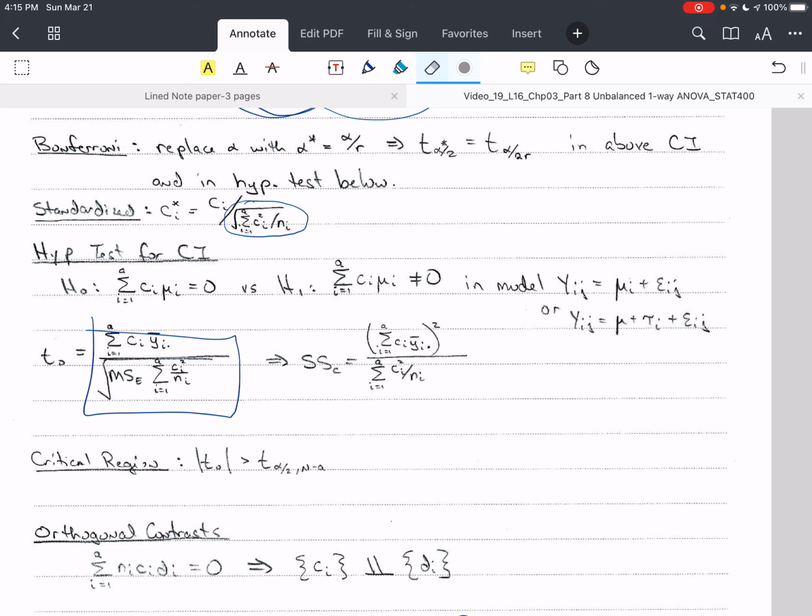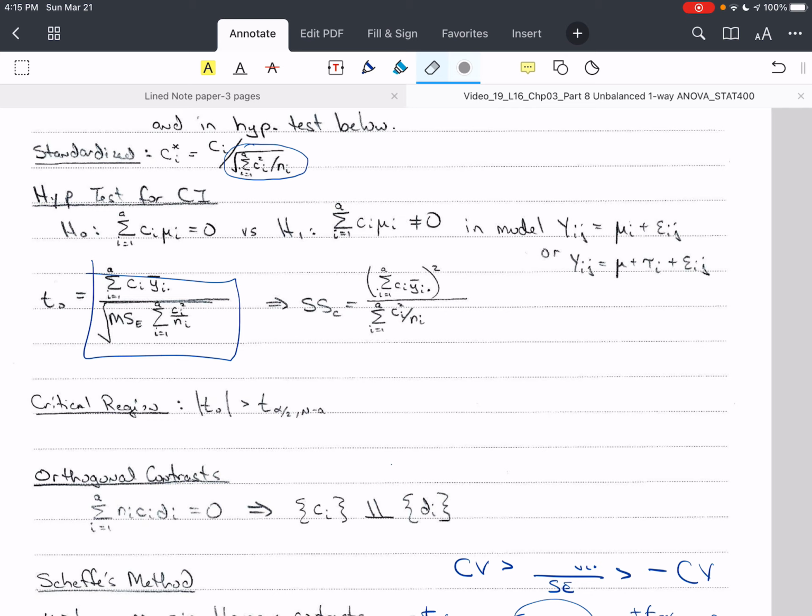So now, with this, we can say that the sum of squares of the contrast is we square everything and take everything except the MSE. So the MSE is the mean square error. So it's not included. That's sigma hat squared.